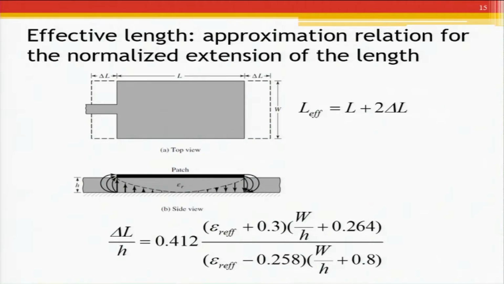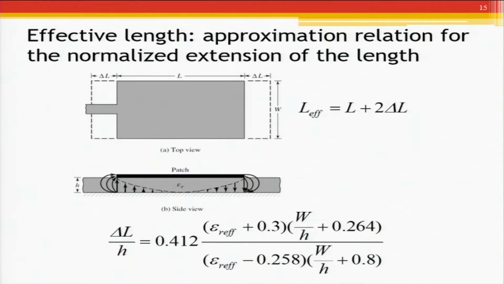Now let's talk about effective length. Since we know that there is a fringing effect, the length of the patch will appear to be longer electrically than its physical dimensions. So we need to approximate this fringing length, which is called delta L. That means the total length, including the electrical length from the fringing effect, is L plus 2 delta L, where L is the physical length plus 2 delta L from fringing.